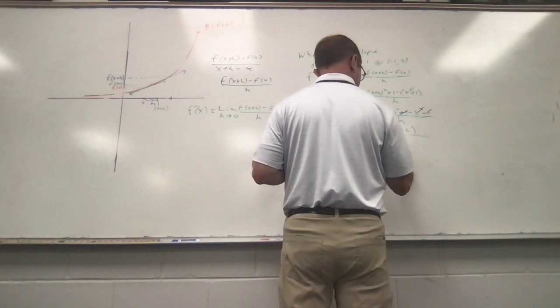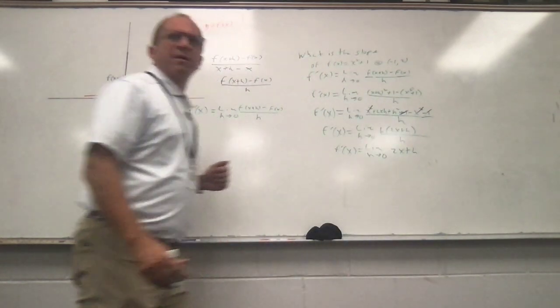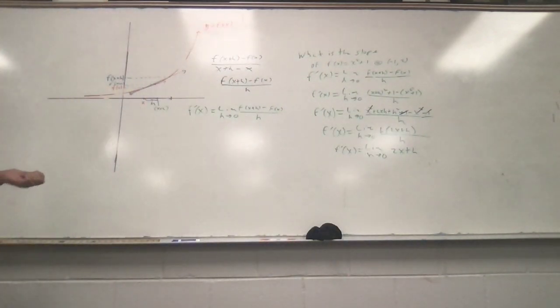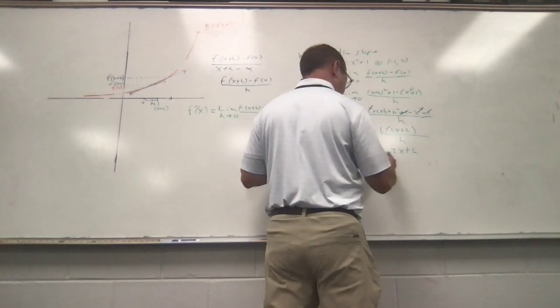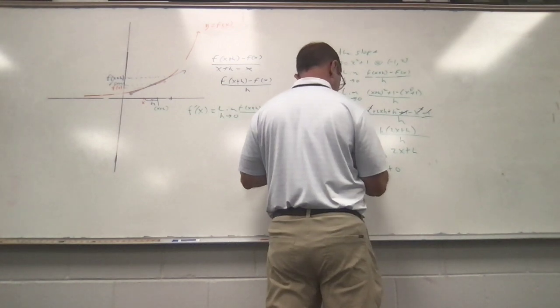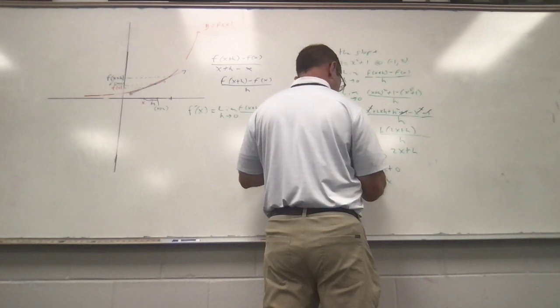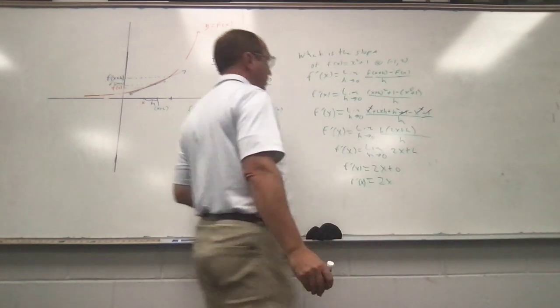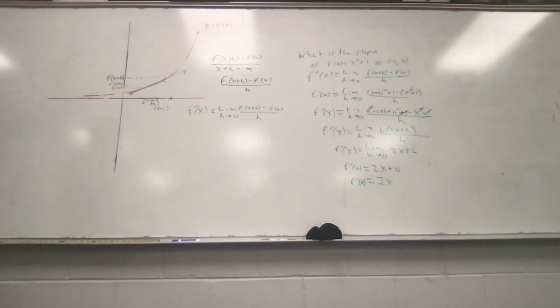H approaches 0 of 2x plus h. So now we don't get something undefined because we don't have a denominator. There is no denominator to equal 0. So now we can plug in 0. So we get 2x plus 0, which is just 2x. So my general derivative for x squared plus 1 is 2x.